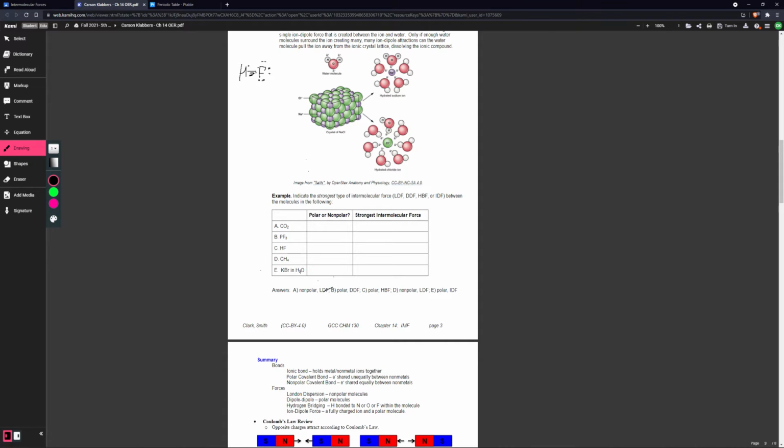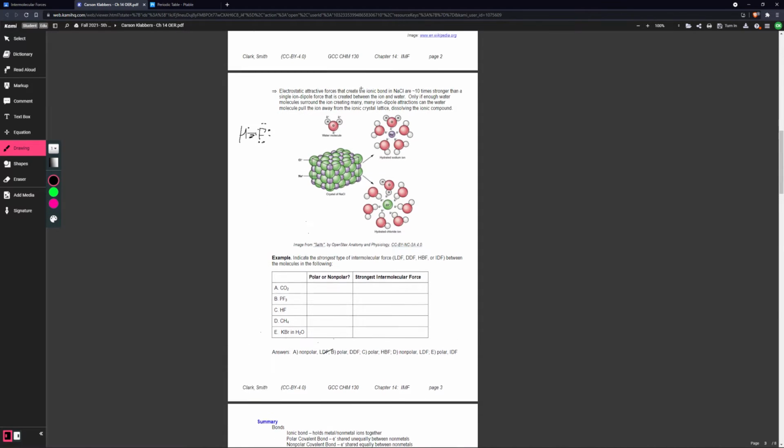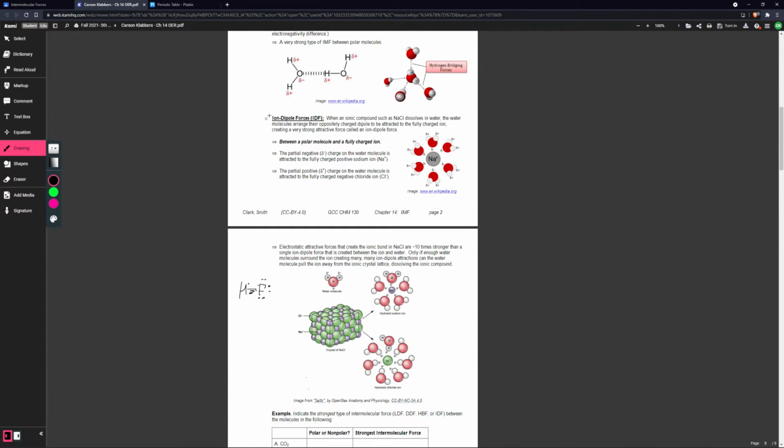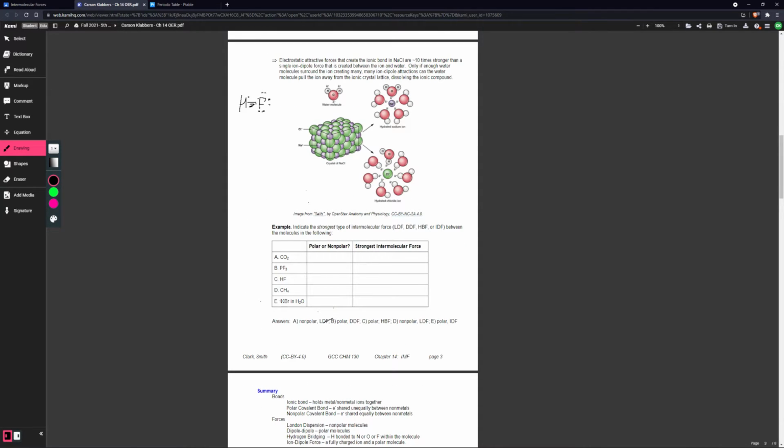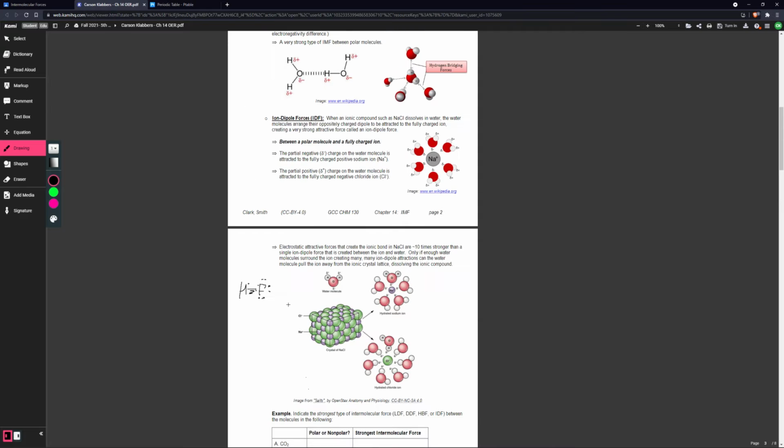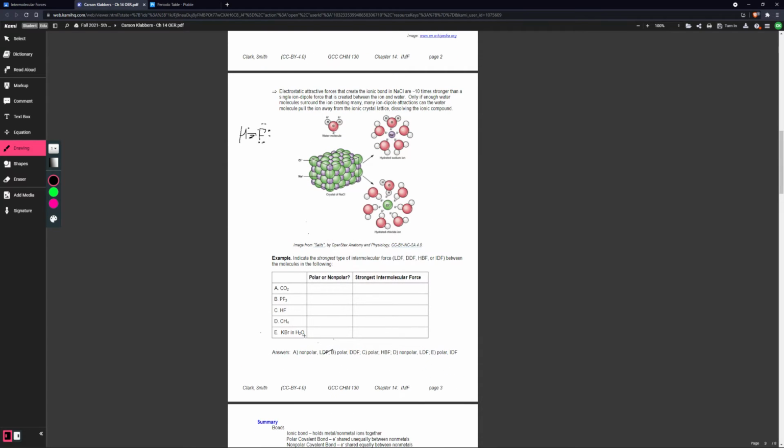Then it says it's in water, or H2O. That means it's going to break down, and the only thing that breaks down is an ion dipole force, because ion meaning the combination of potassium and bromine, and then the dipole comes from the water.